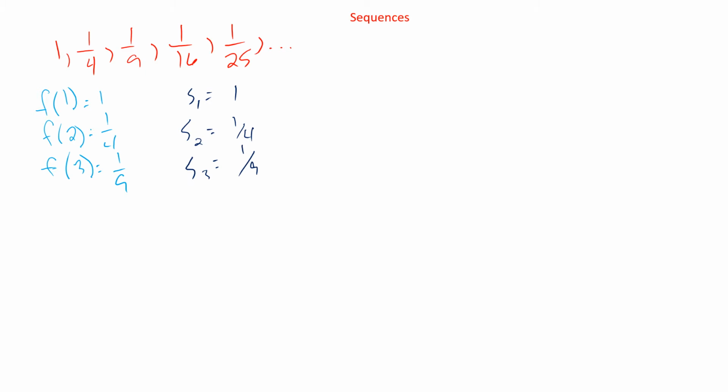There's nothing in between. It's the first term, the second term, the third term. You're not going to have the 1.55 term. Whereas a function is going to be continuous. You can plug in any number for x you want.